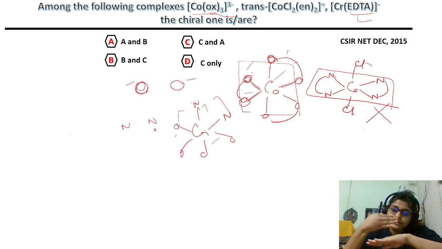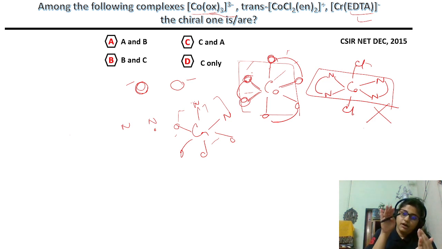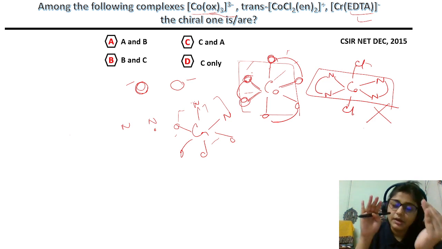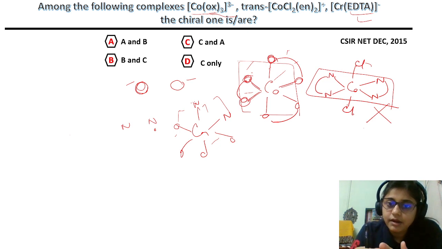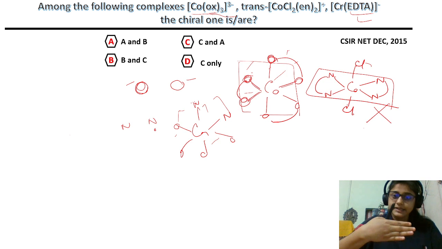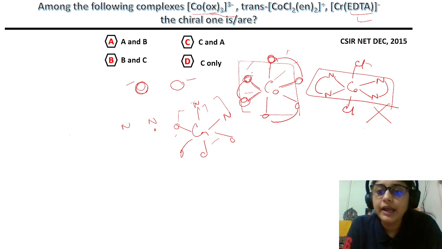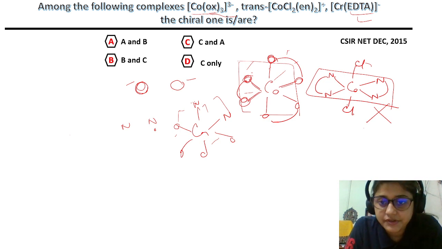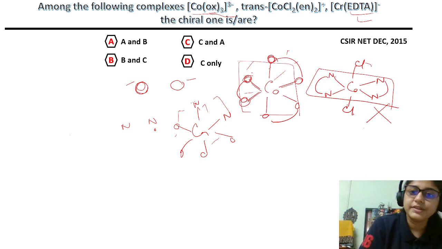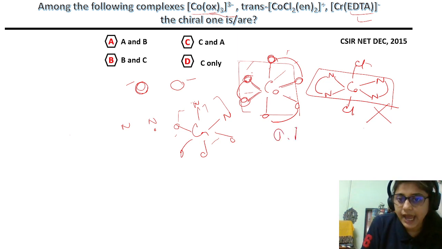So this molecular plane will not reflect the upside and downside bonds. If we think in a 3D manner, you will understand. One bond is upside and another bond is downside. How can they reflect to each other, right? So that is the thing here. So it is optically active.